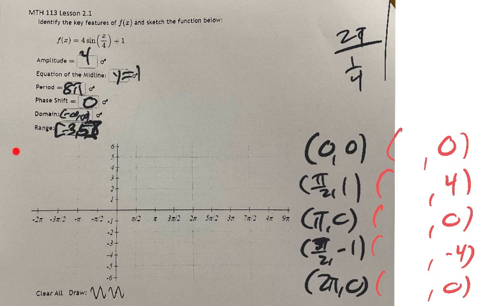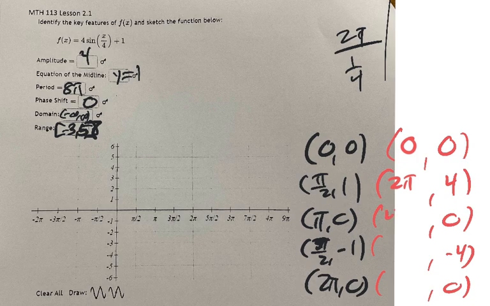And then like we talked about up here, the b value is 1/4, which means I need to divide all of my x's by 1/4. Well, dividing by 1/4 is the same thing as multiplying by 4. So 0 times 4 is 0. Pi over 2 times 4 is 2 pi.